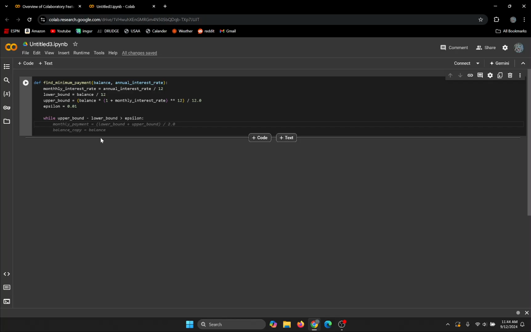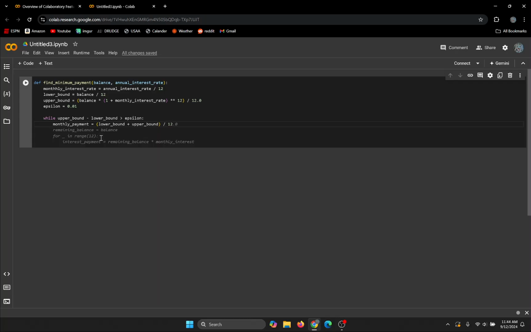So to do that, it looks like it auto-populated the first one good, but I'm going to type it out because I don't like the second part there. It needs to be 2, not 12.